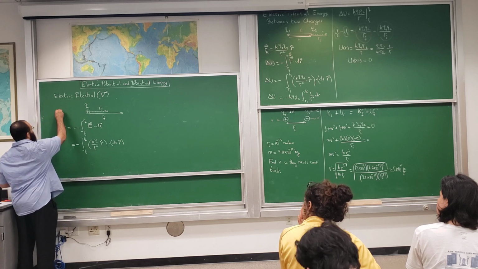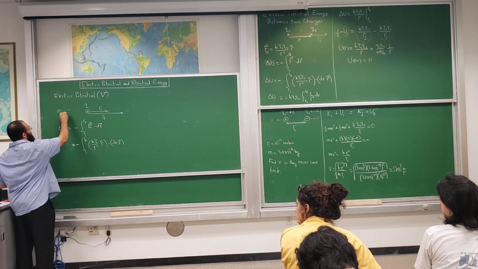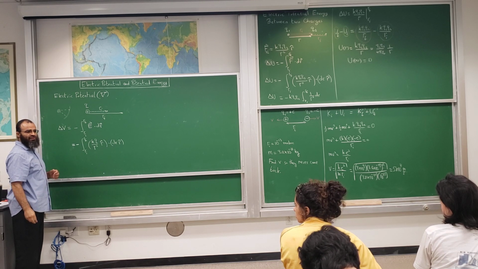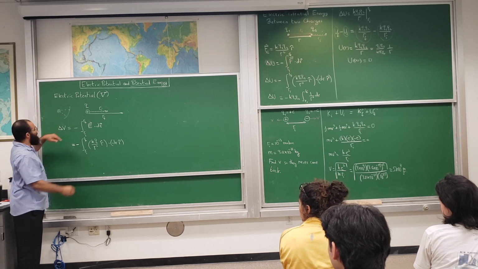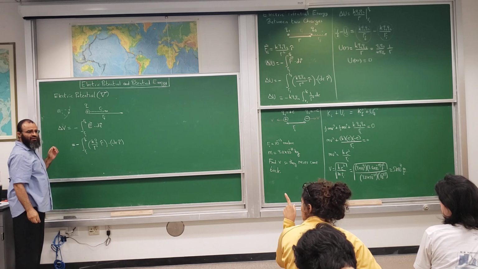Let's say I have a charge here, and I go around an angle like this, at a fixed radius. The electric field is radially outward, and the displacement is tangential. So what's the dot product?